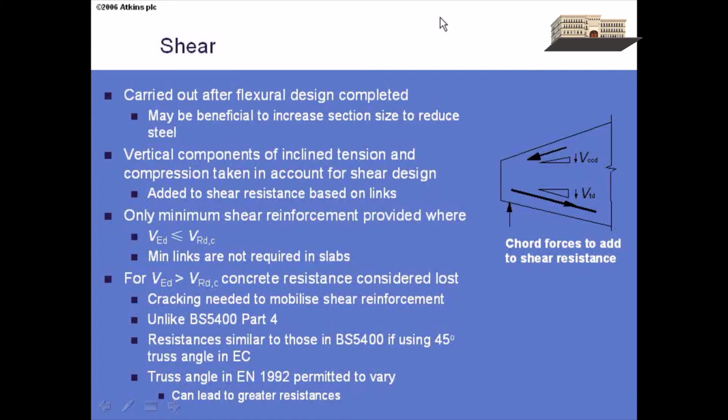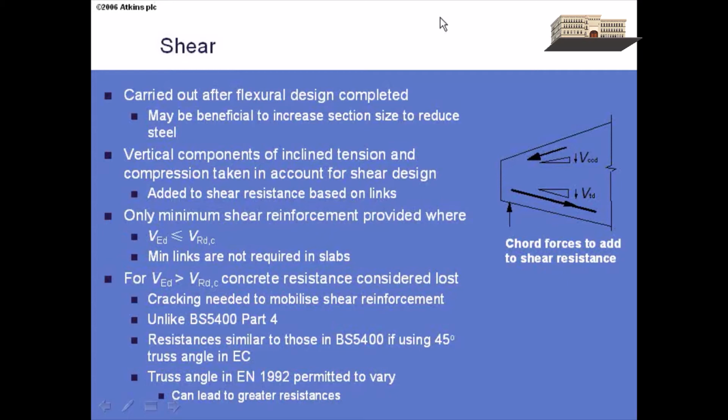So that's one difference. The other difference, which we'll come to in a minute, is that if we don't exceed the shear resistance of the concrete, then we don't need to put links in other than minimum links for a beam, but for a slab we don't need to put links in at all.